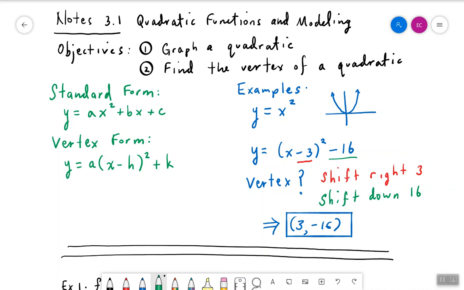So what are the x and y coordinates of the vertex here in this formula? Well, the 3 is replaced by h, and the negative 16 now is replaced by k. So the result is vertex at h comma k.